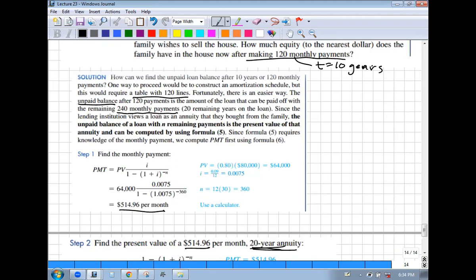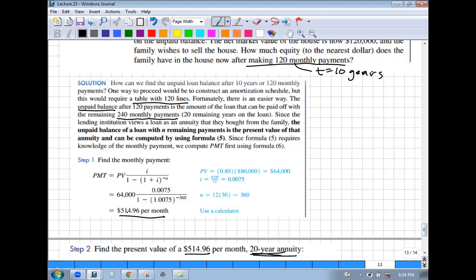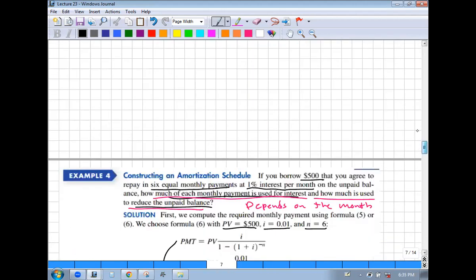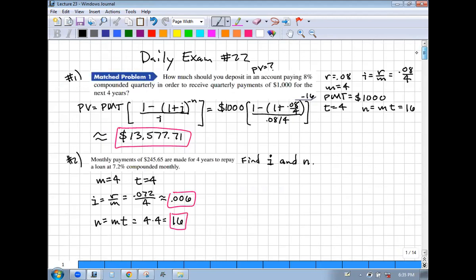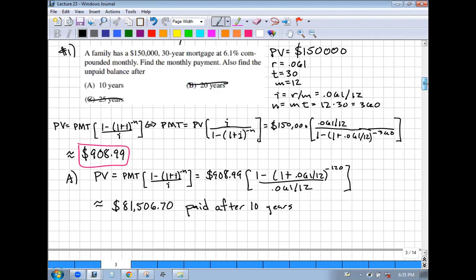Find the unpaid loan balance after 10 years. What was it, a 30-year loan? So they do 20 years. Okay, so for us, actually, we need a different number here. That's not it. Where'd it go? That's not it either. Where is it? There it is. All right, so for us, it's a 30-year loan.